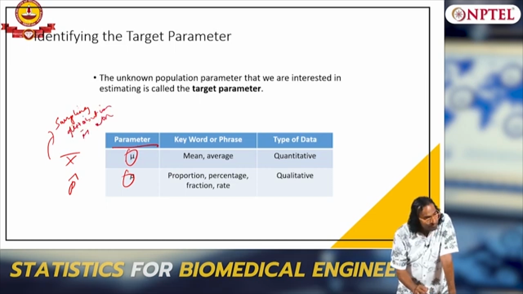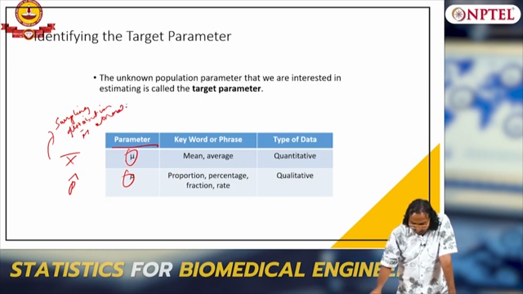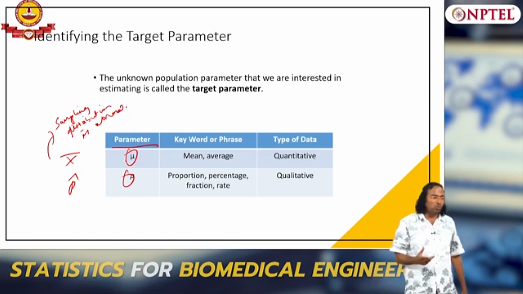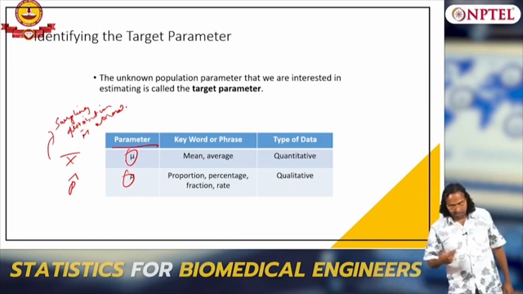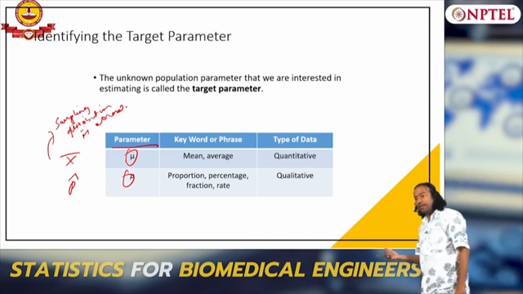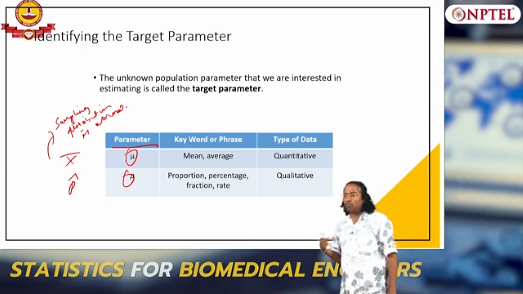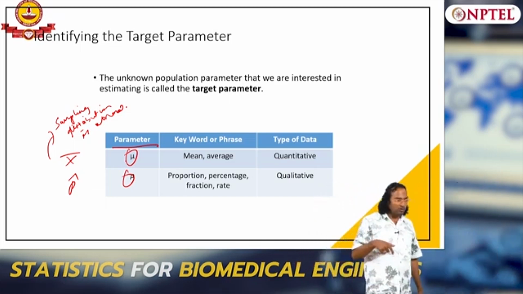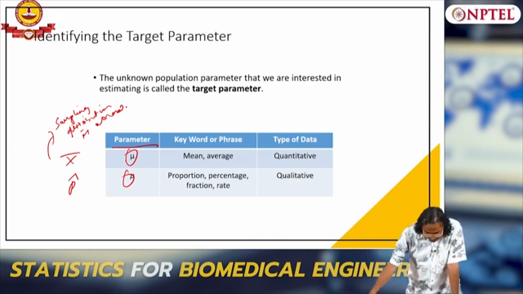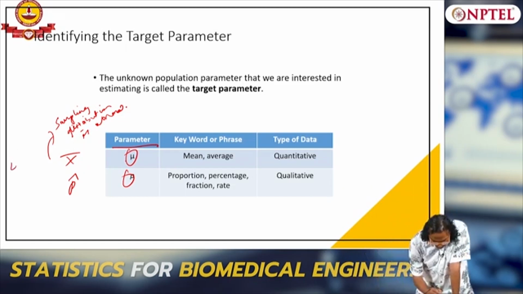So far we have learned two target parameters, mu and p, and the sample statistics are x bar and p hat. Both of them follow normal distribution when n is greater than 30, and expectation of x bar equals mu and variance of x bar equals sigma squared by n.